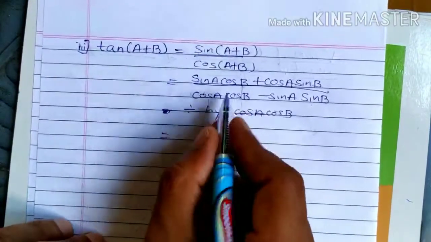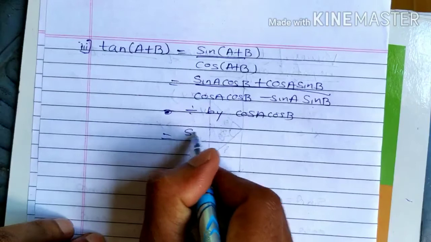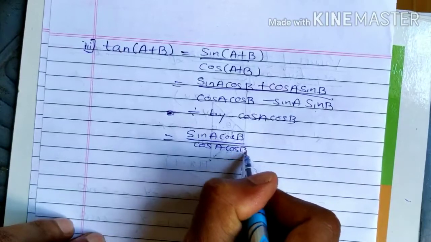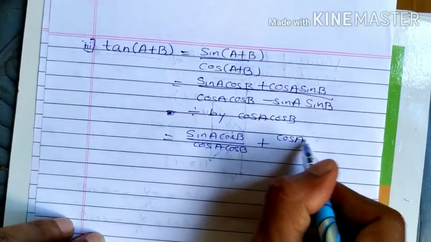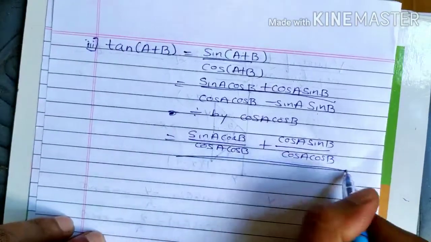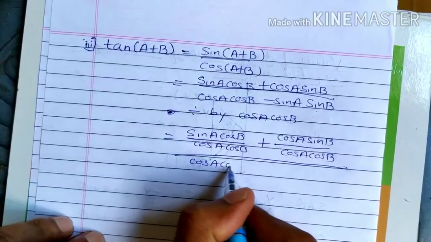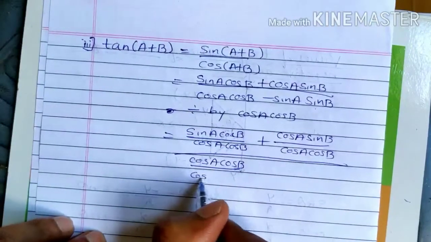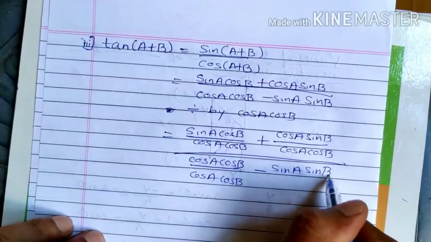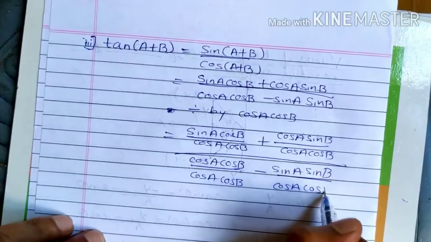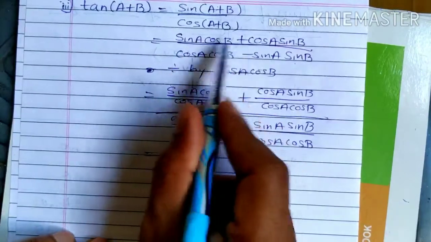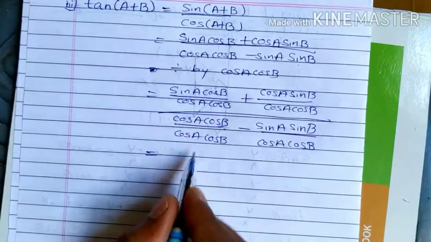So dividing by cos A cos B means sin A cos B divided by cos A cos B, plus cos A sin B divided by cos A cos B, whole divided by cos A cos B divided by cos A cos B, minus sin A sin B divided by cos A cos B. So I have divided each of these four terms by cos A cos B.